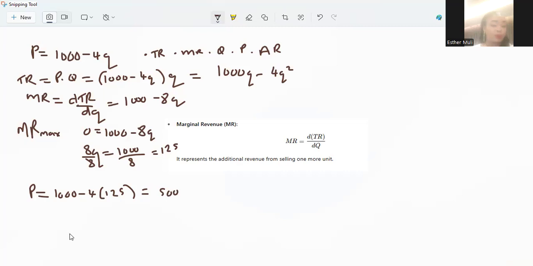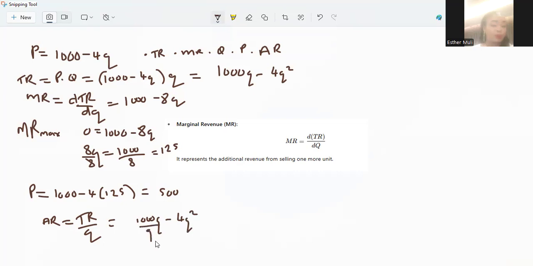Average revenue is the same as the price. Anything average is what divided by what? Quantity. So total revenue, when you divide it by quantity, becomes average revenue. So our total revenue was 1000Q minus 4Q squared.